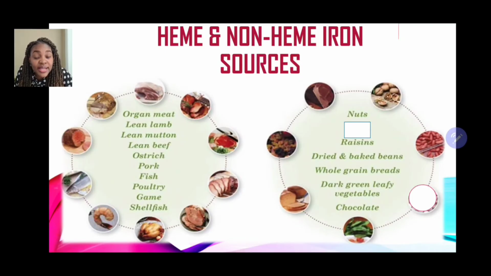Another thing to look at is that heme iron sources absorb readily into our bodies, whereas the non-heme iron sources don't readily absorb, right? So it is a must all the time that we consume vitamin C along with these non-heme iron sources so that they are better able to absorb into our bodies, as well as it will boost the absorption for the heme sources of iron as well.